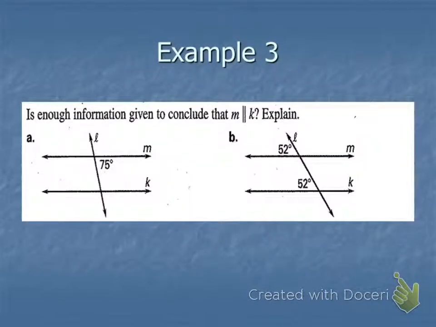Okay, so now we're going to practice. I want you to write, or I guess just draw the pictures for A and B. And then the question says, is there enough information? So if there is, we're going to explain what the information is. If there's not, we're just going to say, no, there's not enough information.